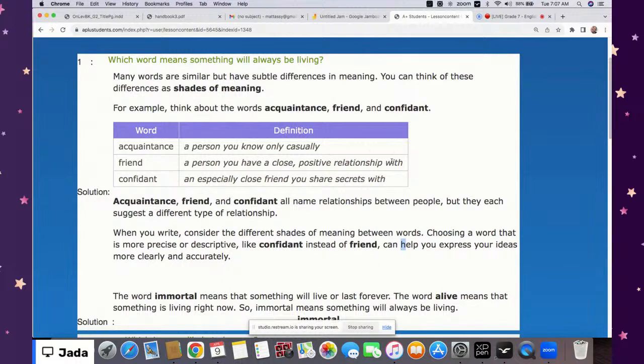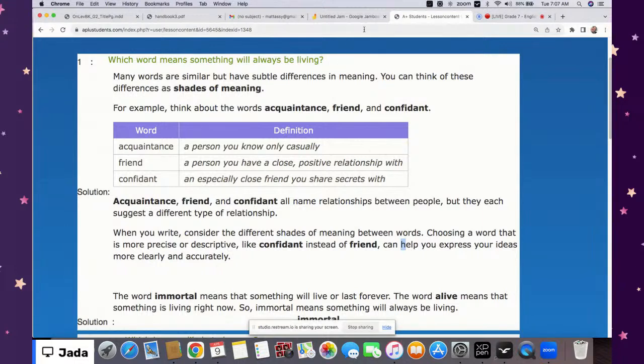If your idea is not expressed in a good way, then people will not understand what you're saying. It's not going to give the in-depth description that you want. So, be careful when choosing words to use when writing.